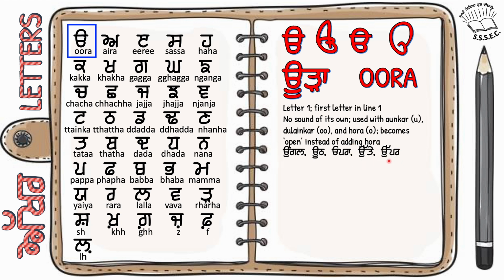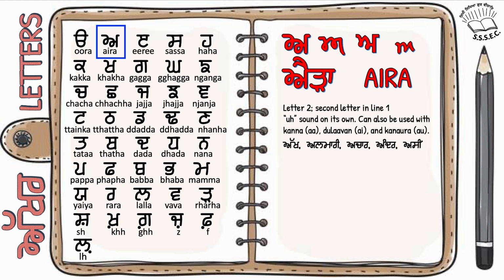And upper is another way of saying utte. So upper means above, or on top of something. So ura can make an u or o sound. And a couple of words using the letter ura are ungal, oont, opera, utte, and upper.